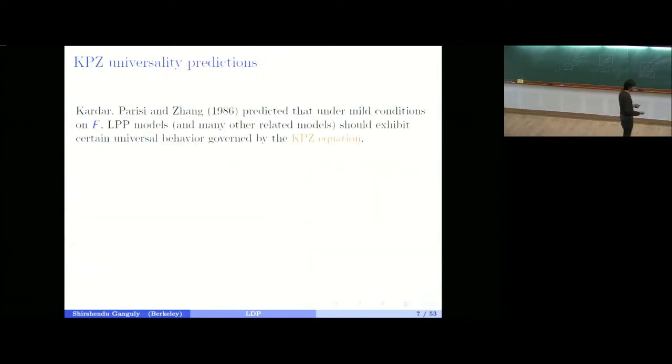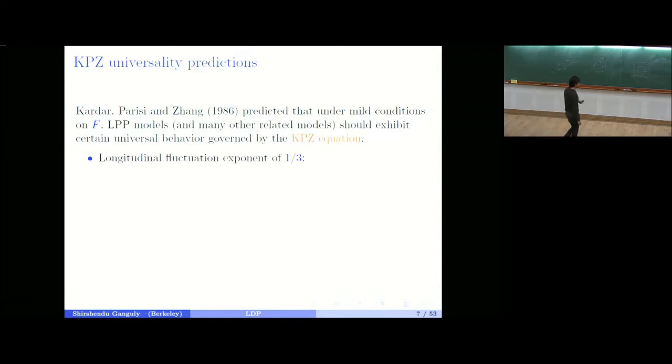But now we can try to make more refined predictions, and this was done by the famous paper by Kardar, Parisi, and Zhang in '86, which predicted that under pretty mild conditions, these exponents governing the fluctuations are universal, and they're governed by the so-called KPZ equation, which we'll hear more about in a later talk, in a different setting.